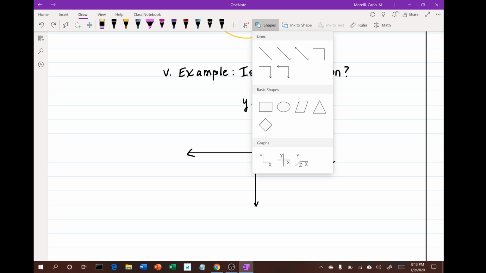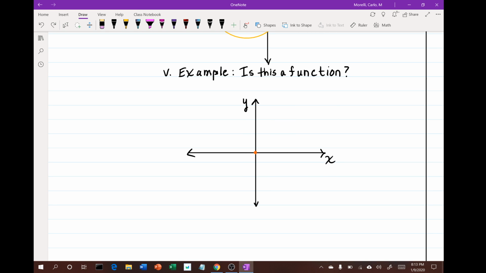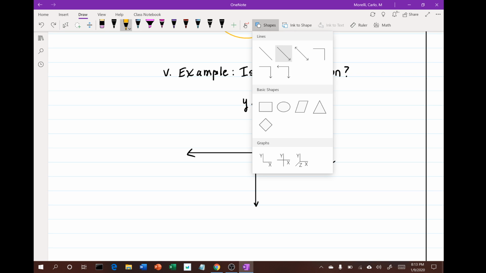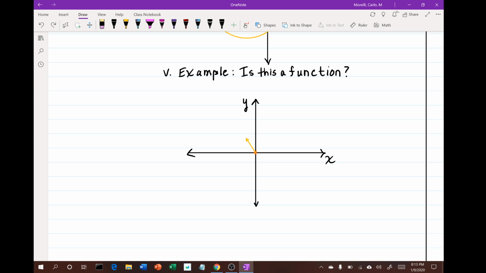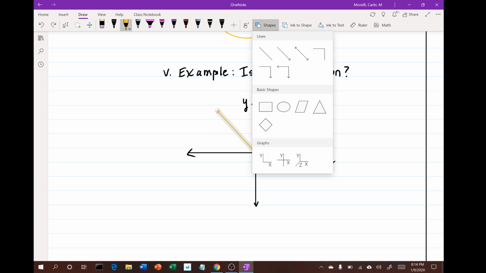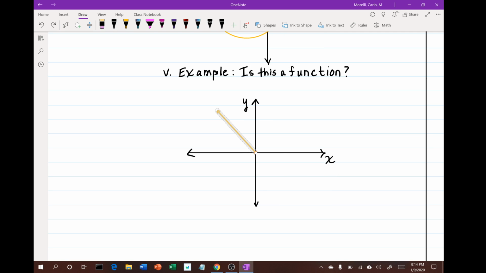Let's do this. See, it started in the center. I don't want it to do that. Oh well, it's going to start in the center. And, oh, duh. And this.